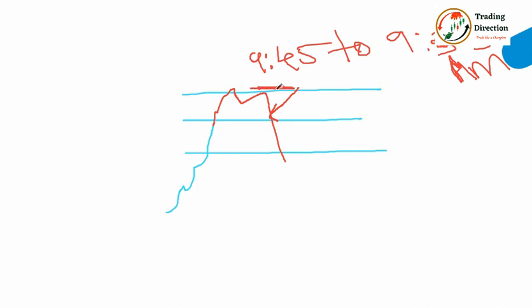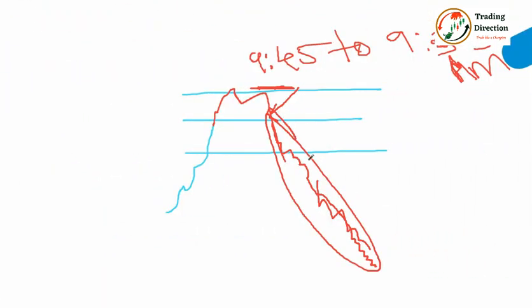You will get a 200 to 300 point rally. There will be a volatile move, and it is a very good move for option buying. I will show you the back testing on the Bank Nifty chart.